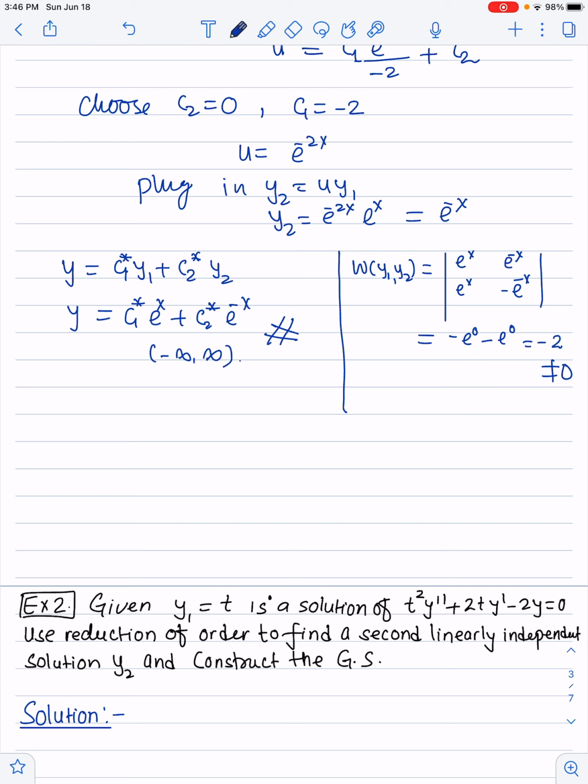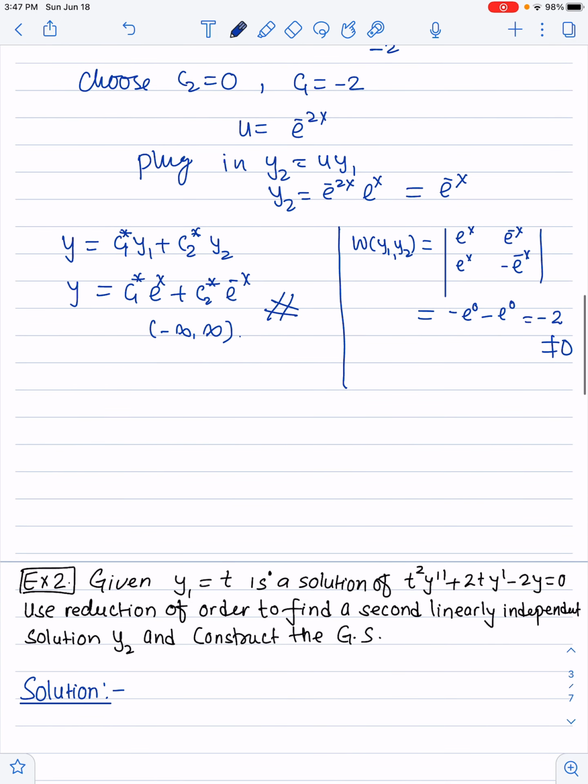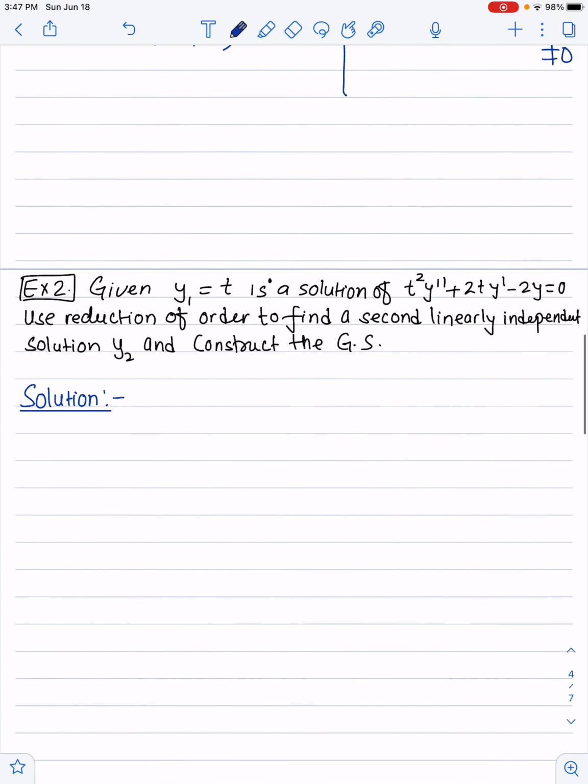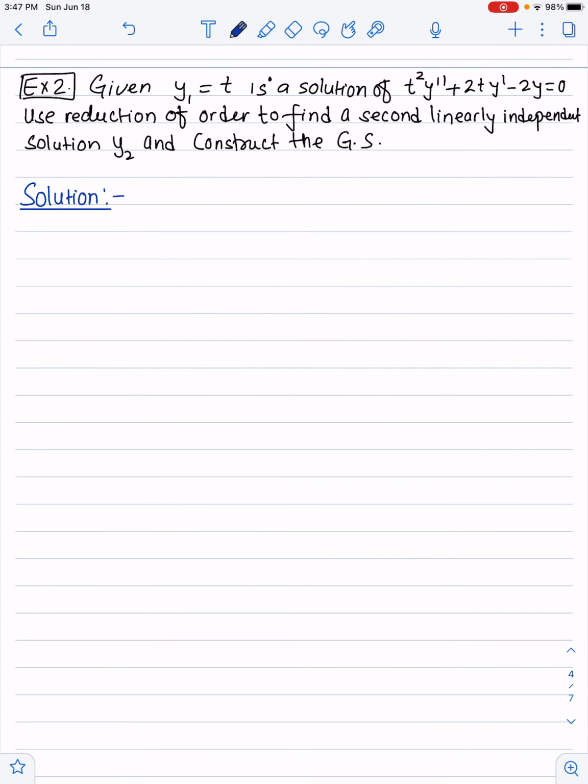Okay, so this is how we solve the given homogeneous linear second order differential equation. Okay, so let's look at another example. Example number 2.